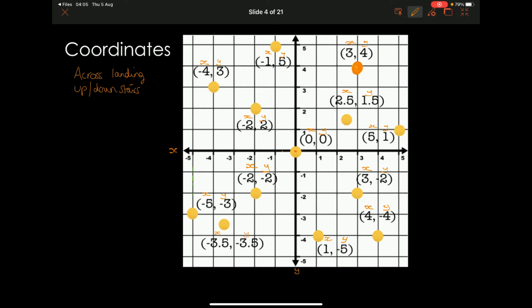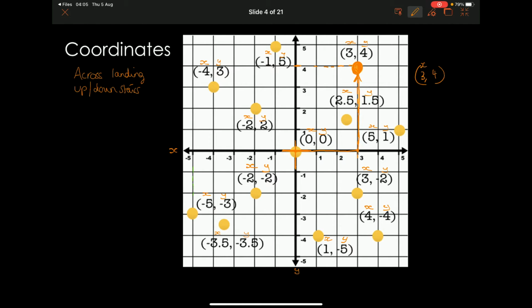So we start at 0, 0. I know there's a point going through that, but that's fine. We go all the way to the line where the point is sitting. This point is sitting at 3, because if we go up to the point, it's actually on 3. So our x-coordinate is 3. And then if we go up the stairs, we can see that it's sitting on 4 on the y-axis.